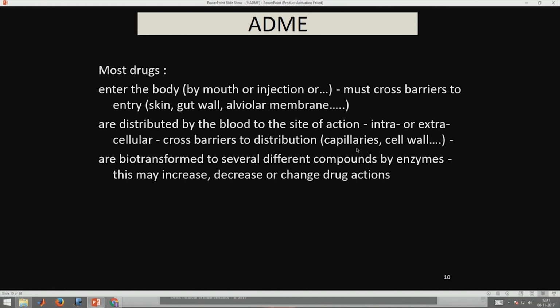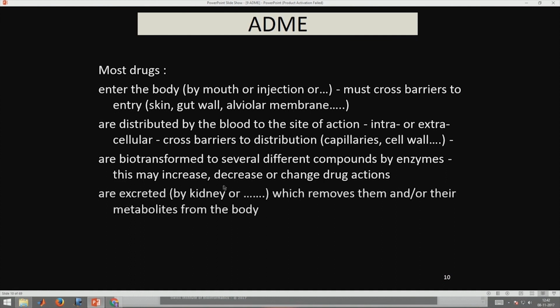Liver is a very fantastic gatekeeper, it starts degrading whatever compound is present. So you have esterases, hydrolases, oxidoreductases, lipases. All these start degrading your compound, and it may sometimes become toxic, or totally useless, inactive, or be excreted. It can be excreted through the kidney and other routes which remove them and their metabolites from the body. Not only the drug, even the metabolites get removed.